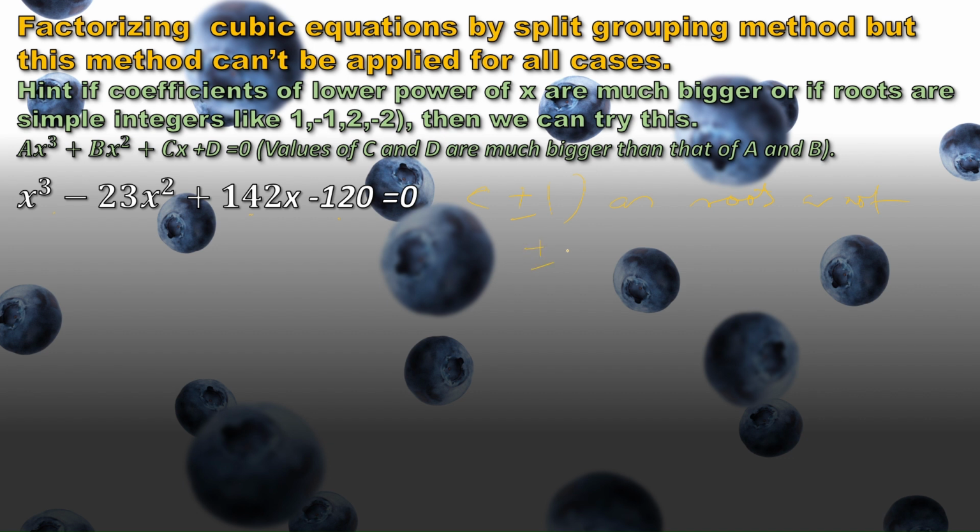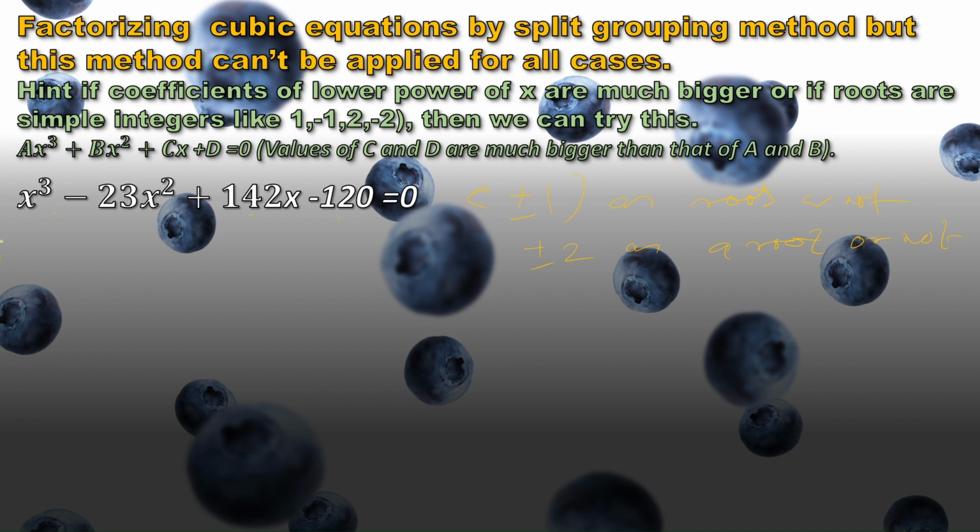Also we can check whether plus or minus 2 is a root or not. For plus 1 and minus 1, we already know the condition. For plus 2 and minus 2, we can check by hit and trial, just putting in the value and confirming whether it comes to 0 or not. So in this case, first of all we will try plus 1 and minus 1.